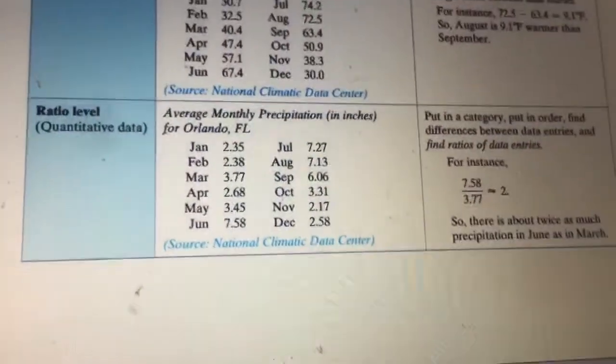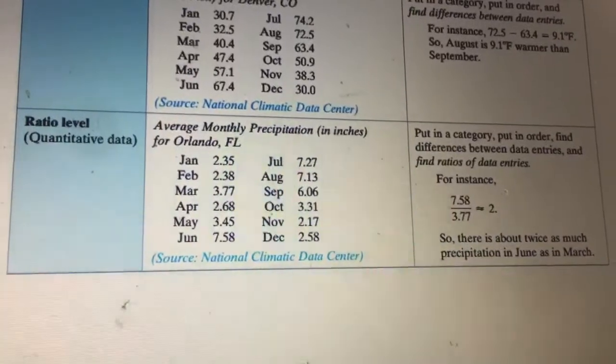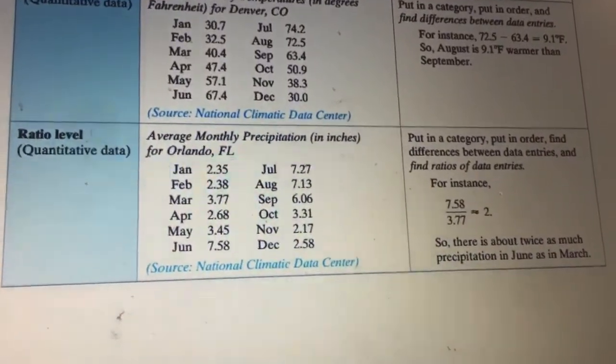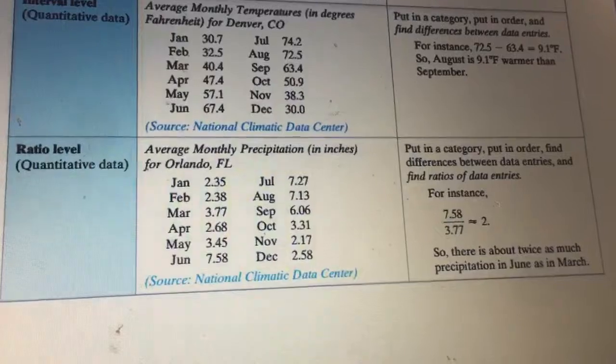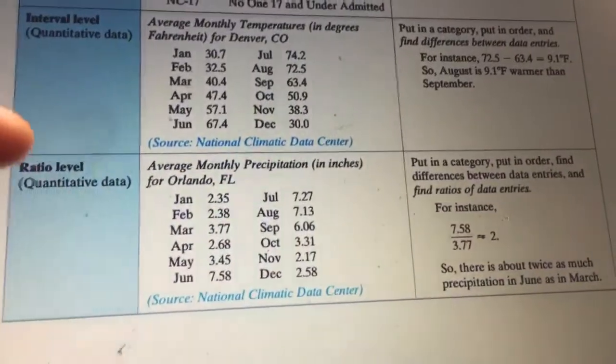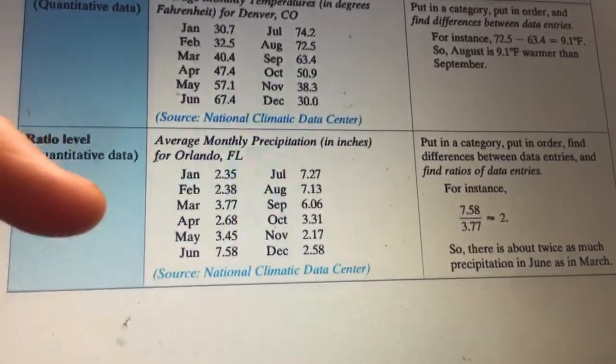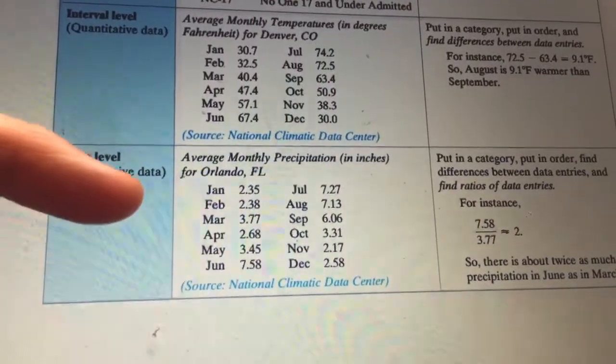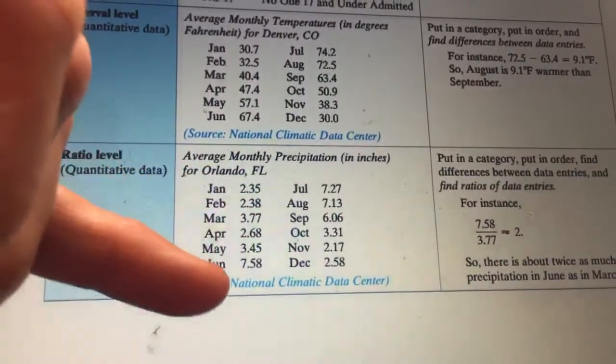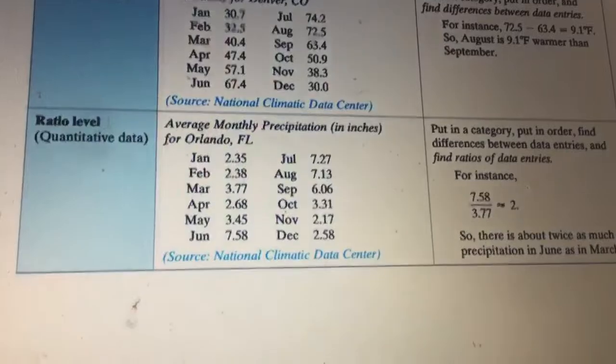And then down here, ratio. Ratio here, you have the average monthly precipitation. You can see the precipitation in all the different months.